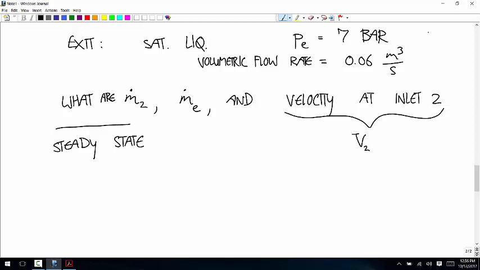And so we can just write this as the rate of mass entering is equal to the rate of mass leaving. And so for our problem, that says m1 dot plus m2 dot is equal to m exit dot.